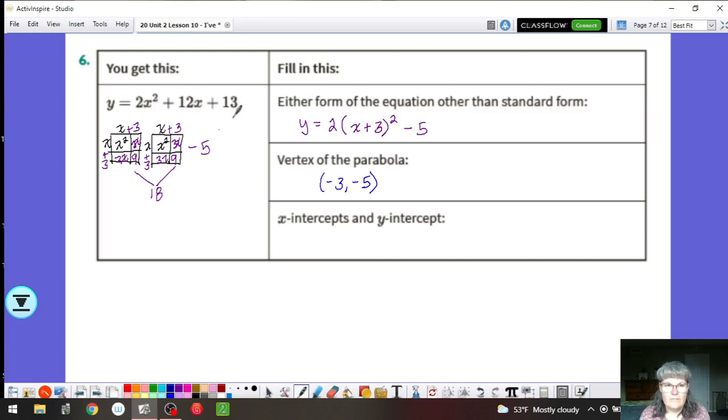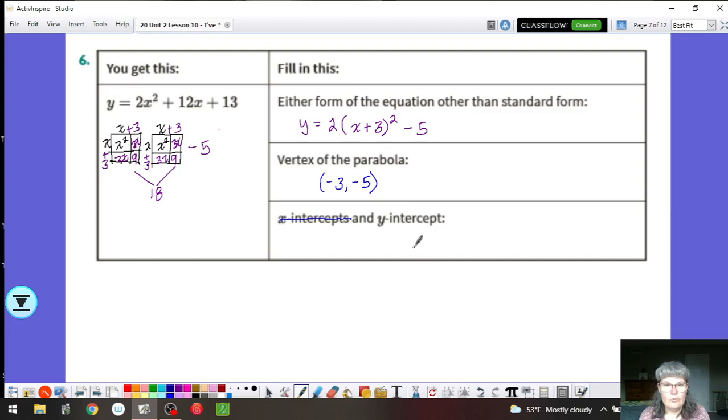Because this wouldn't factor, that tells me my x-intercepts aren't going to be very nice. I could go through the process of solving this, but it would require some algebra we've not used yet. So I'm not even going to look for the x-intercepts of this particular function, but we can identify the y-intercept.